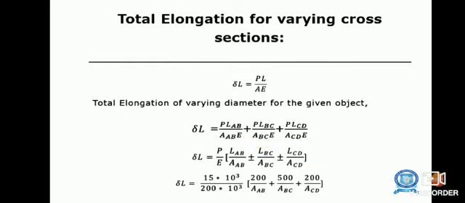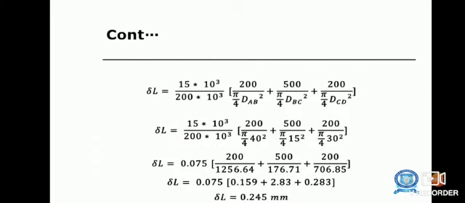So we apply all the given values inside the formula. Del L is equal to 15 into 10 power 3 divided by 200 into 10 power 3, into 200, that is the length of AB divided by area of AB, plus 500, length of BC divided by area of BC, plus 200, length of CD divided by area of CD. Next we apply the areas of the portions.